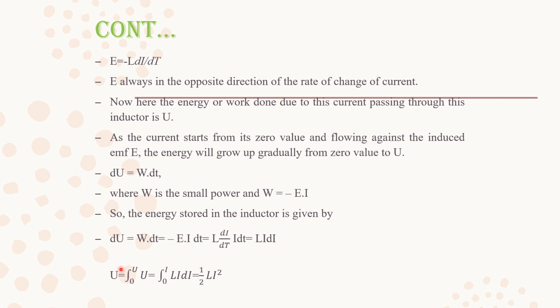Now we'll integrate this equation and we'll get U is equal to integral 0 to I of L I into di, and this gives 1 by 2 L into I square.